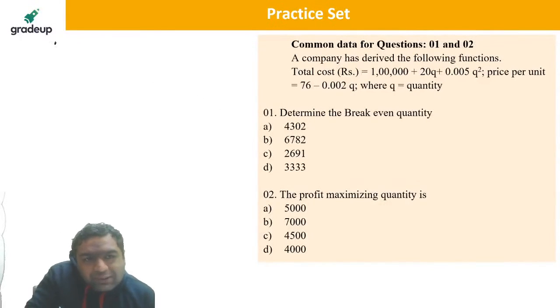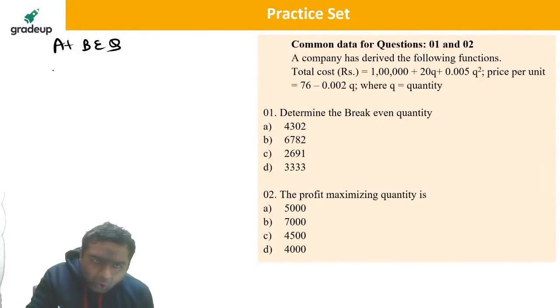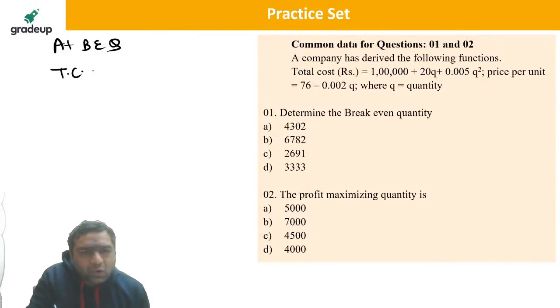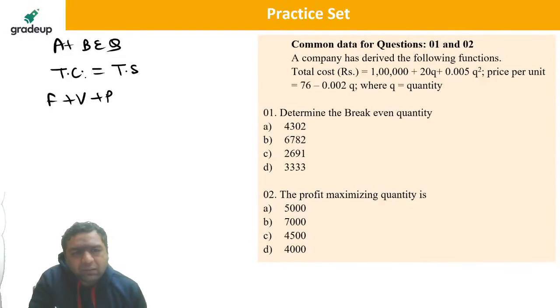Here you need to use break even quantities. You know, total cost is equal to total sales. Fixed cost plus variable cost plus profit is equal to S. Profit is 0.